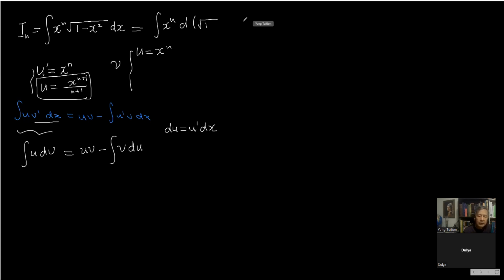If I use your notation, I simply call this u, and this is v dash dx. I only integrate one of them. So given v dash equal to root negative x squared, how about the v? What would be the v? That is the question.